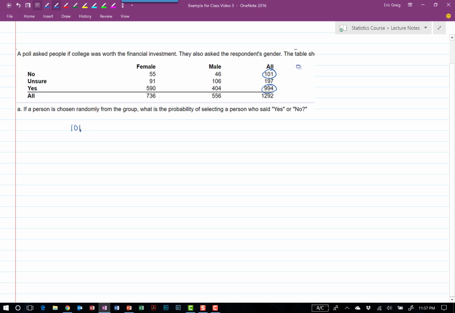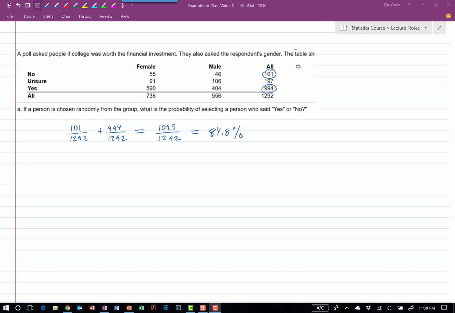And that would be 101 divided by 1292 plus 994 divided by 1292, which, if I pull out my calculator, is going to equal 1095 over 1292, which equals 84.8%. So really straightforward, very simple problem.